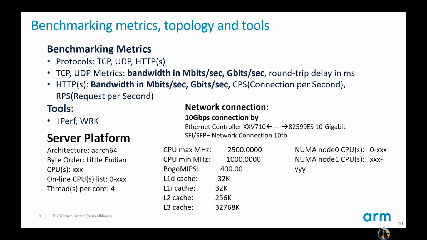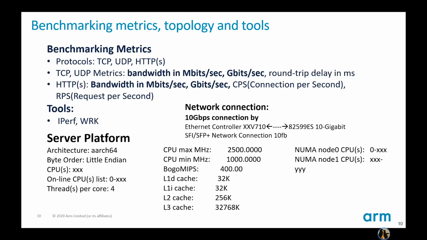For HTTP performance, we talk about bandwidth in megabits or gigabits per second, and CPS and RPS. But we have not listed the CPS and RPS results here. Actually, we don't have too much time on this topic.